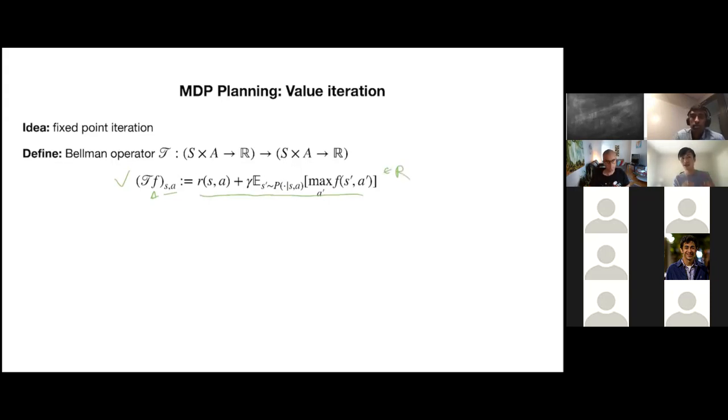I'm just defining a mapping that maps from a function f to another function. If you remember the Bellman optimality, it says that Q star is a fixed point solution of this Bellman operator: T times Q star equals Q star. That's the Bellman optimality that we just saw from the previous slides.